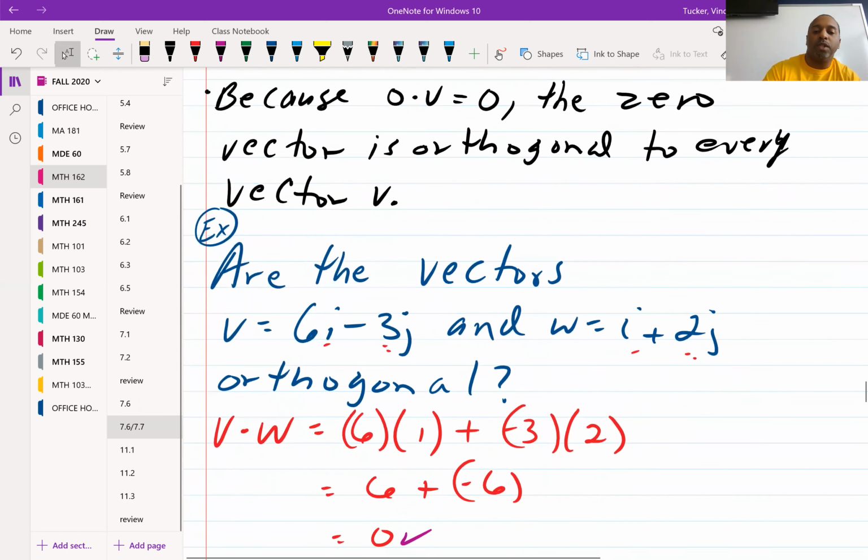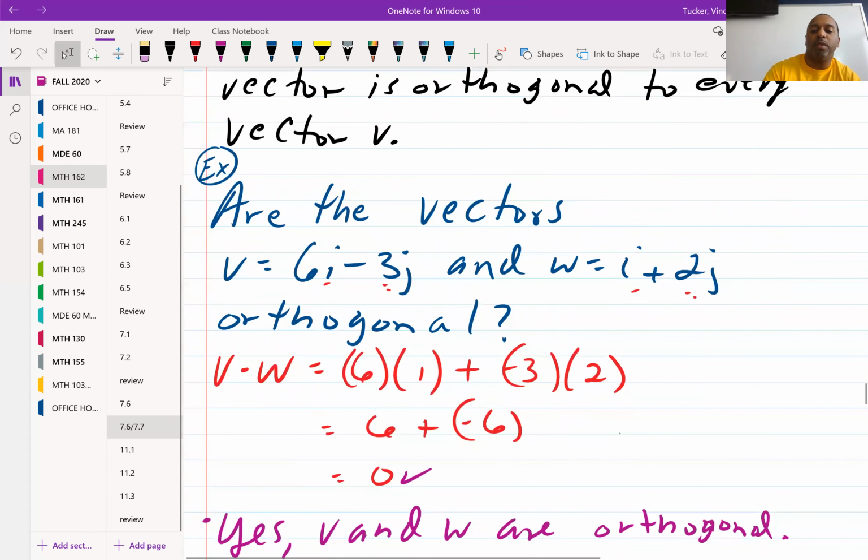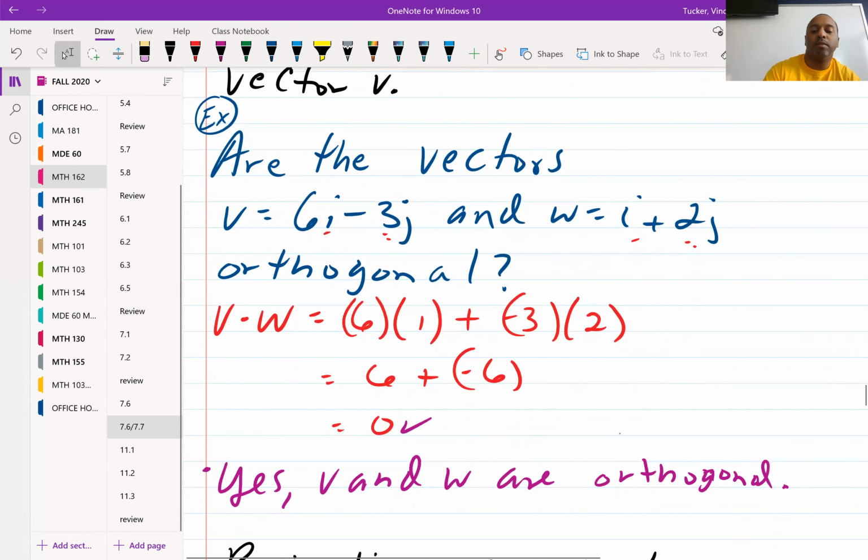We plug those into the dot product formula accordingly. So 6 times 1 plus -3 times 2 ends up giving us 6 plus -6, and that is 0. So that means vectors v and w are orthogonal.